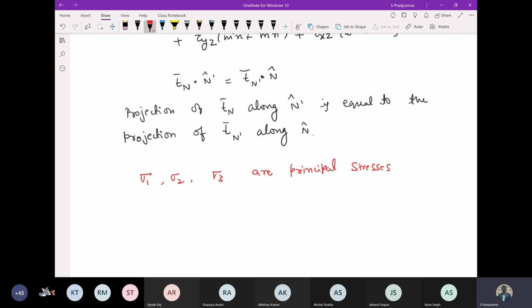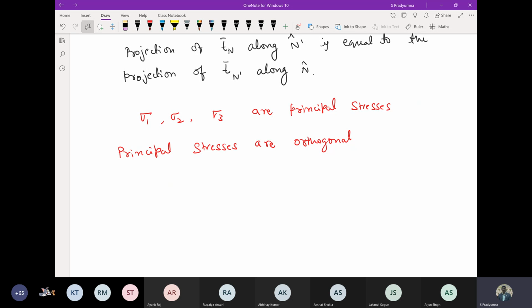So we now have to prove that these principal stresses are orthogonal. Someone of you asked this question in the last lecture. So how do we say they are orthogonal or normal to each other?